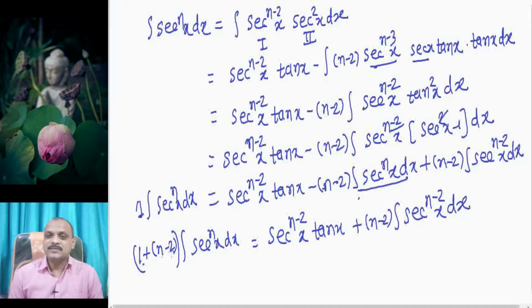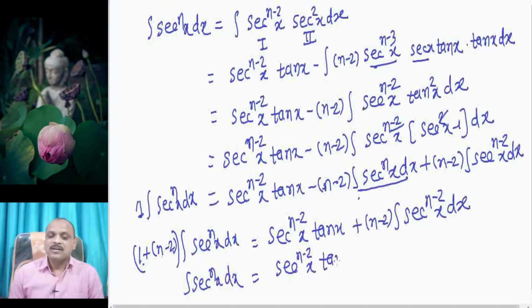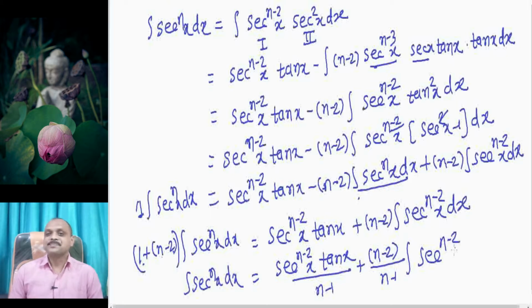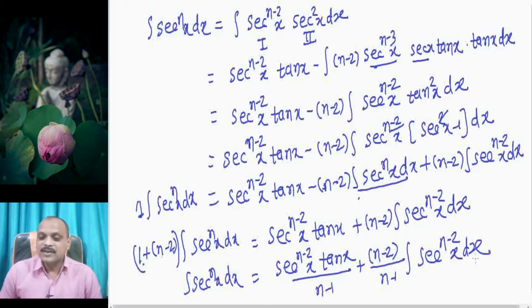Transfer this n minus 1 to the right side and then we have sec raised to n x into dx equal to sec raised to n minus 2 x into tan x divided by n minus 1 plus n minus 2 divided by n minus 1 integration of sec raised to n minus 2 x into dx. This is our required reduction formula of sec raised to n x.